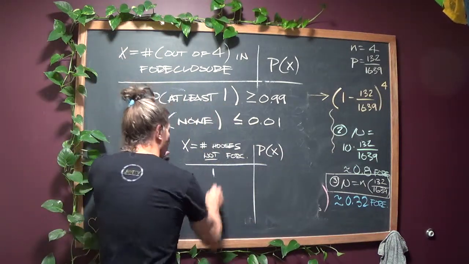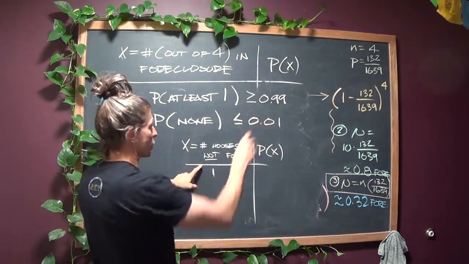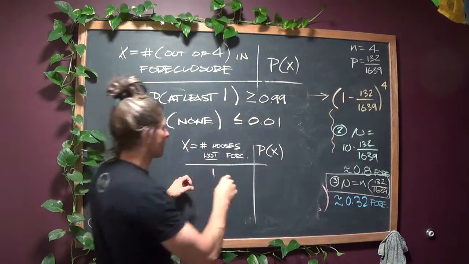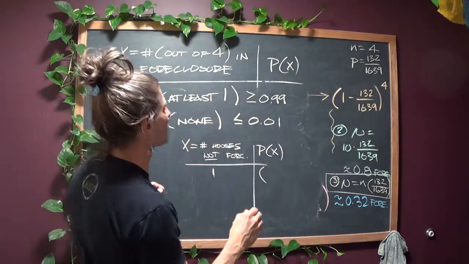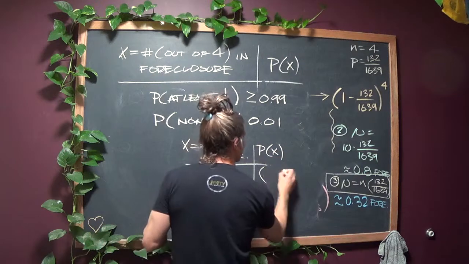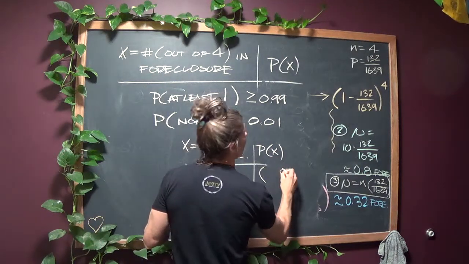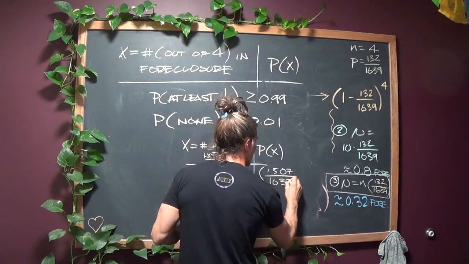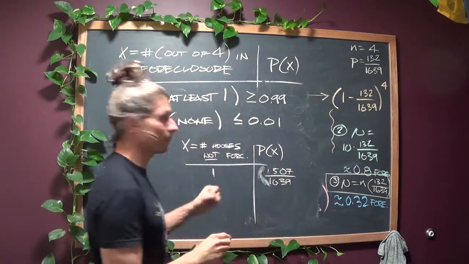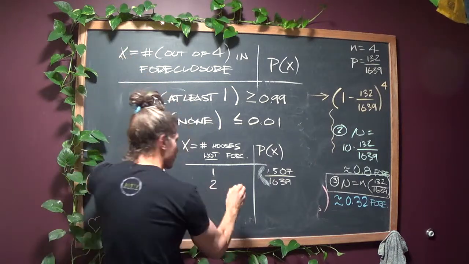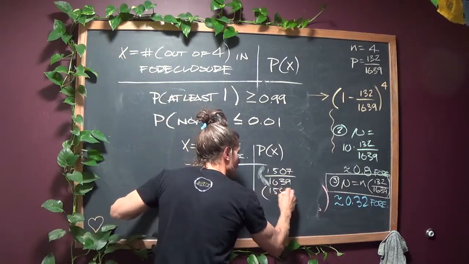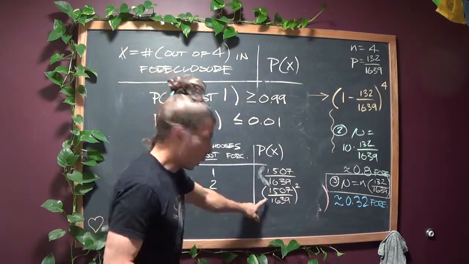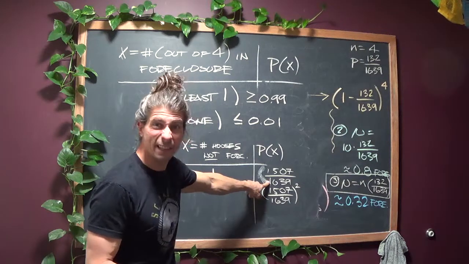So if you have one house not in foreclosure, the chance is just the complement of that 132 out of 1639, which would be 1507 out of 1639. The chance of two houses not being in foreclosure would be that squared, which, hopefully you realize, is definitely less than this.